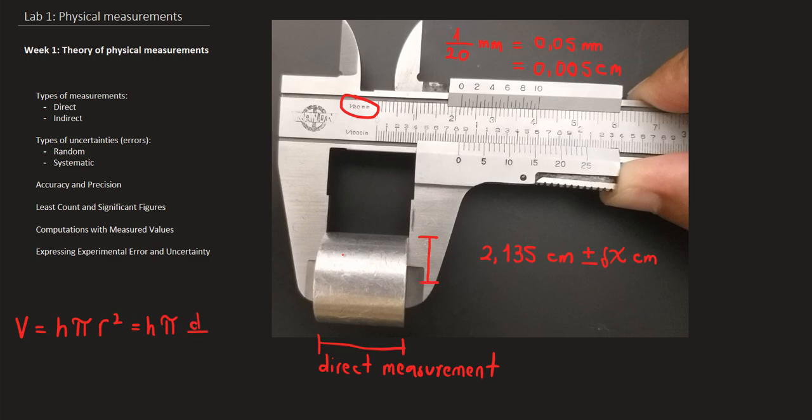The radius is the diameter divided by 2, and this to the power 2. So in order to measure the volume, we need to measure this diameter and the height. So we need two direct measurements in order to obtain an indirect measurement.